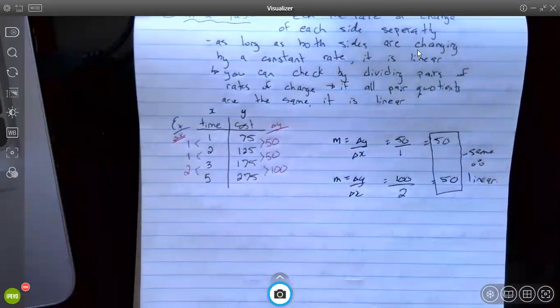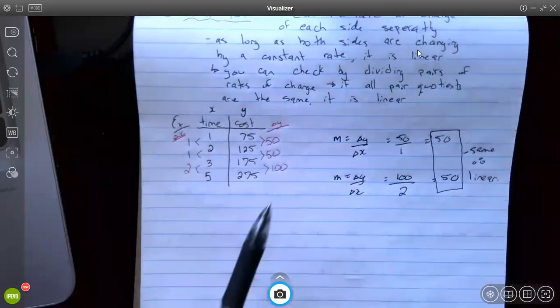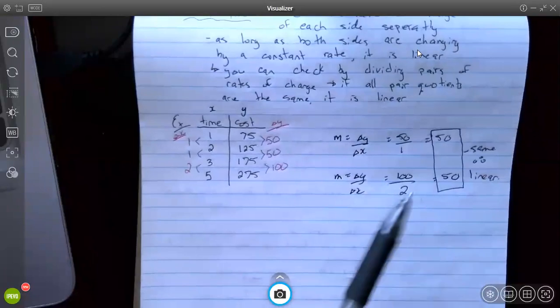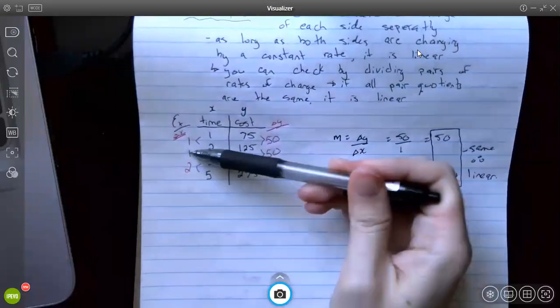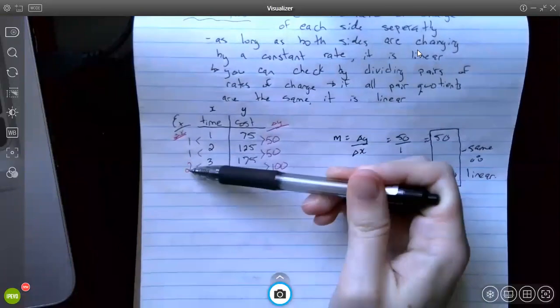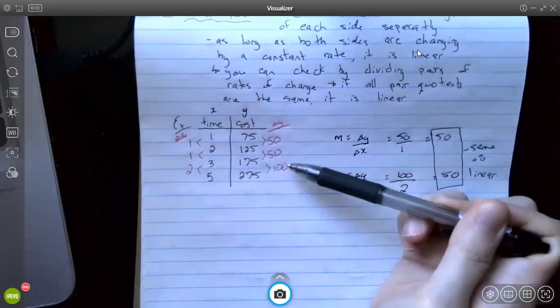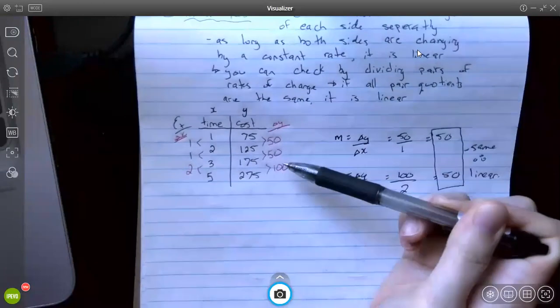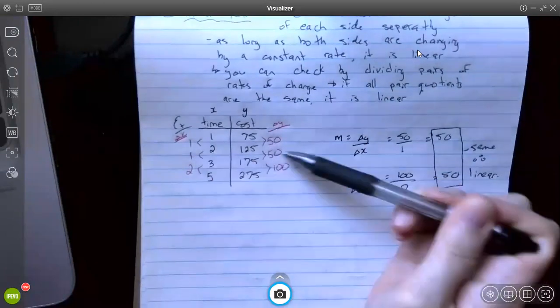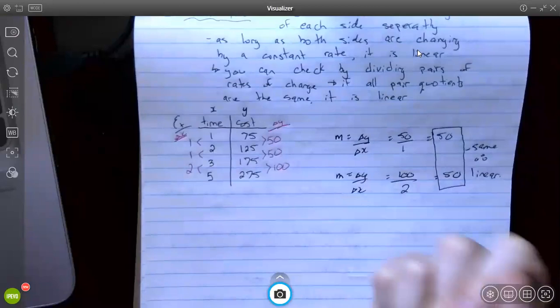Okay, I can also kind of tell that without actually doing the calculation, because to go from 1 to 2, I'm doubling my rate of change, and to go from 50 to 100, I'm doubling my rate of change. So both of these rates of change doubled at the same time, which means that it's linear.